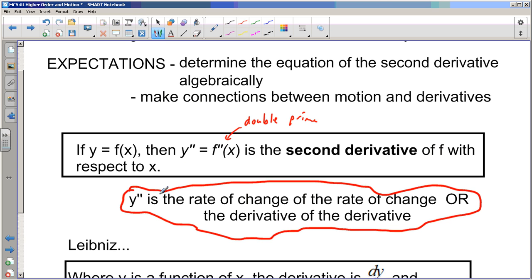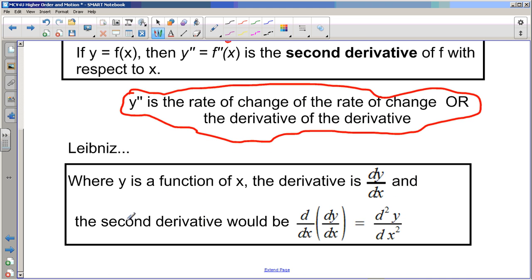And as it says here, y double prime is the rate of change of the rate of change. You follow that. We have some function f that's doing something, and we take the derivative. Remember, it was the rate of change of that. Well, if I take the rate of change of that, it's the rate of change of the rate of change, or the derivative of the derivative.